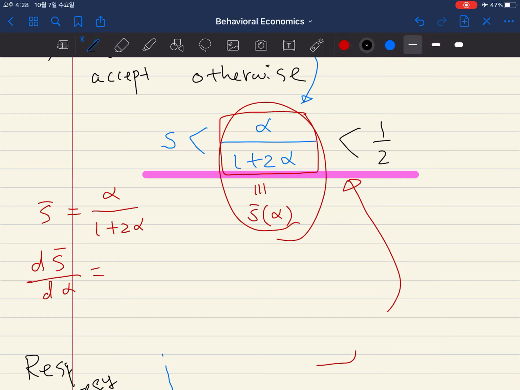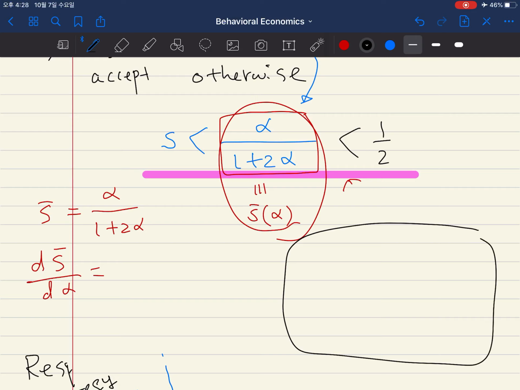So in this case, we're gonna use a rule of differentiation.